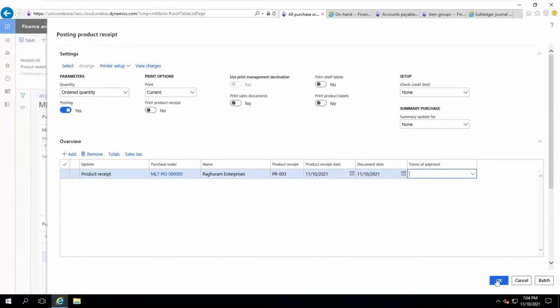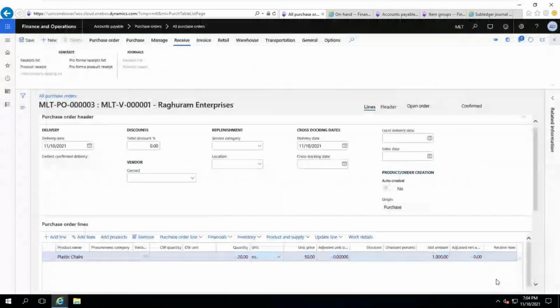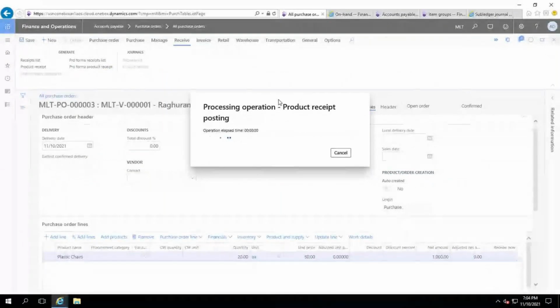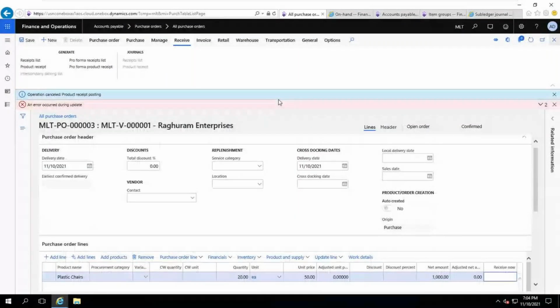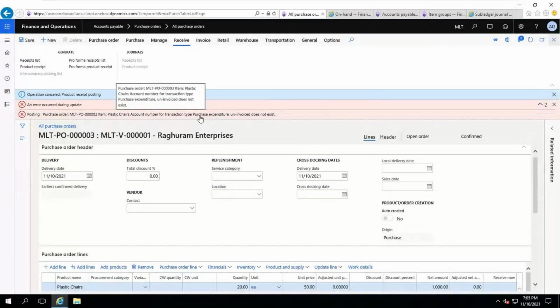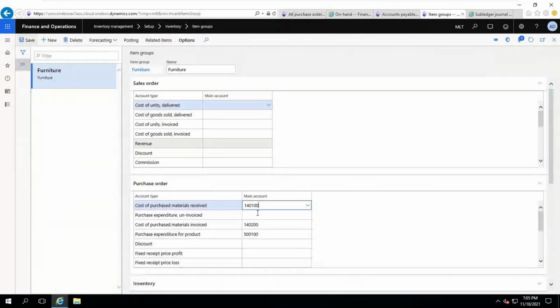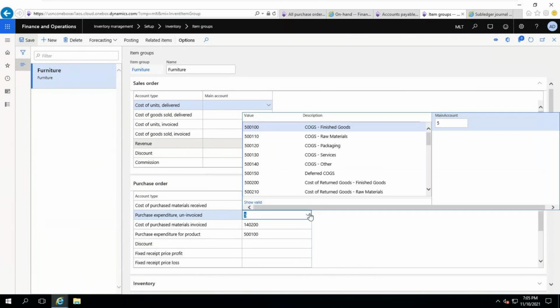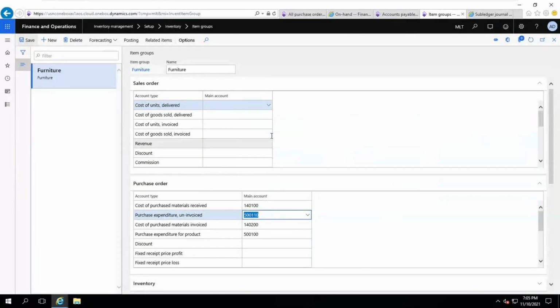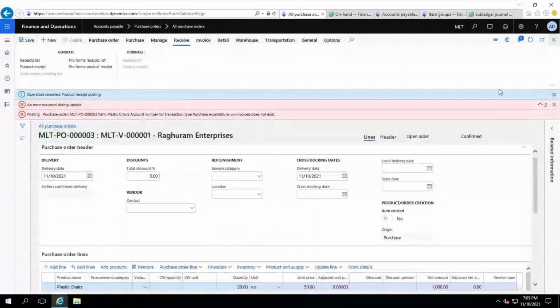I'm trying to post, and let me get another error message: purchase accrual does not exist. Purchase expenditure uninvoiced does not exist. Purchase expenditure uninvoiced, this account. Let me try to do it once again, and let me get one more error message.